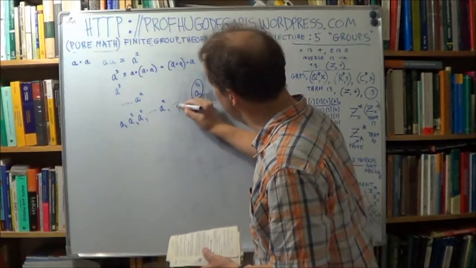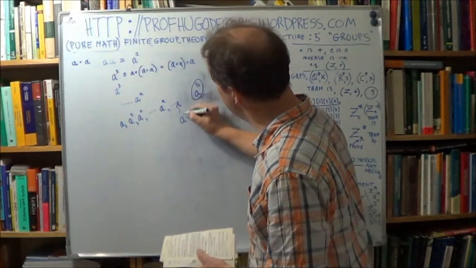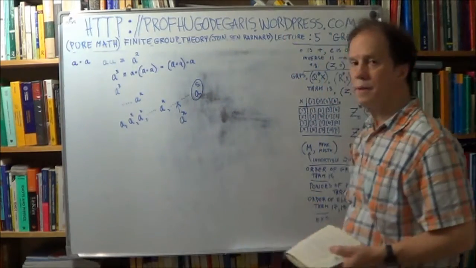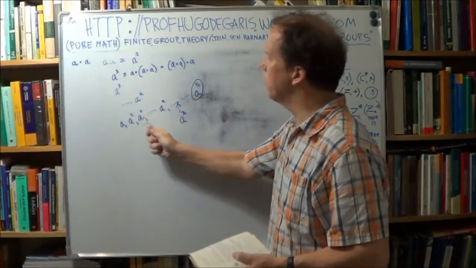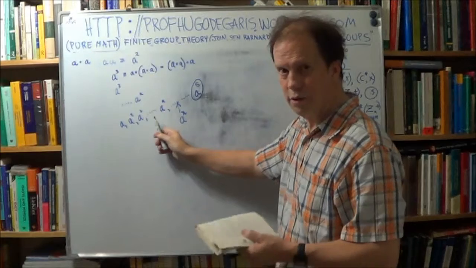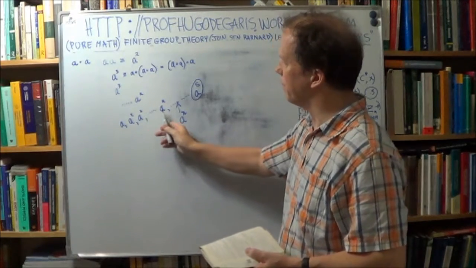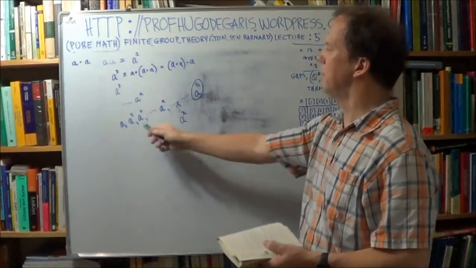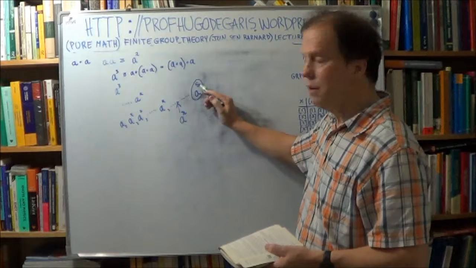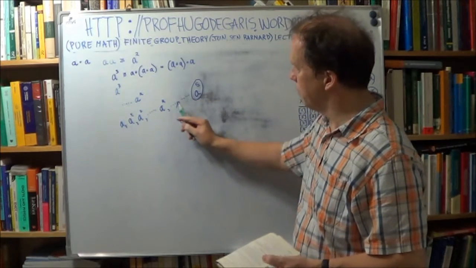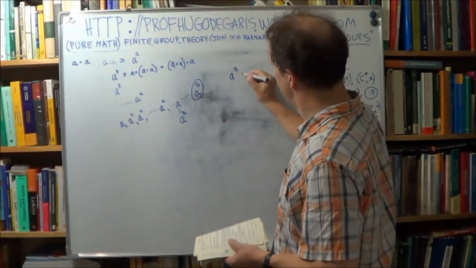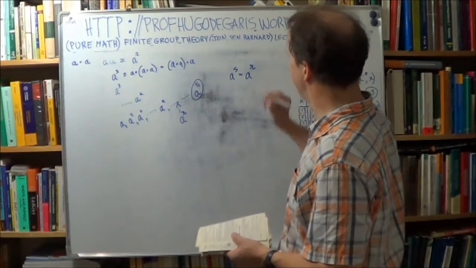So let's say that was at position R. It's common sense. You cannot keep going indefinitely with each one distinct from all the others. At some stage, as you keep going, you have to reach some power that is the same as some earlier one. And let's say A to the S is then equal to A to the R.